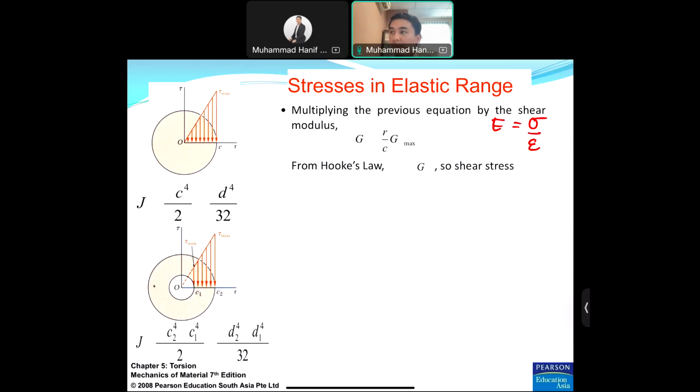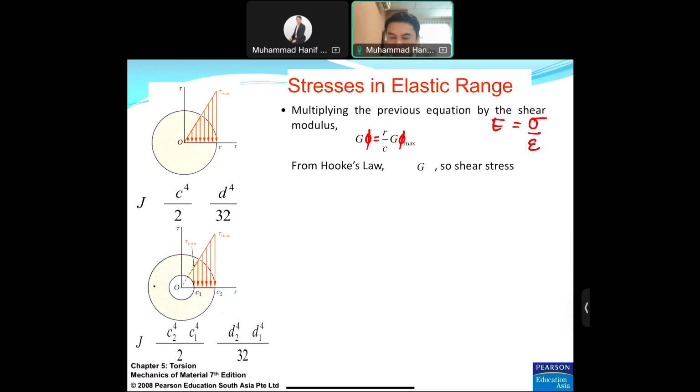But in this case, because it is not an axial load, it is a torsion, we have to consider shear modulus, not Young's modulus. Shear modulus here is G, and G times phi equals r over c times G phi maximum.